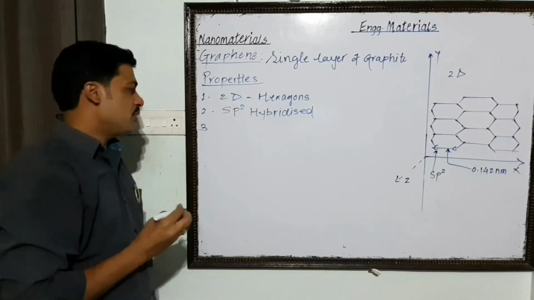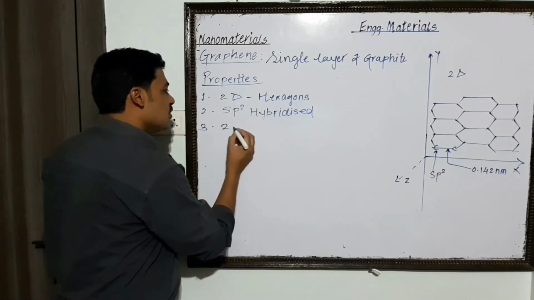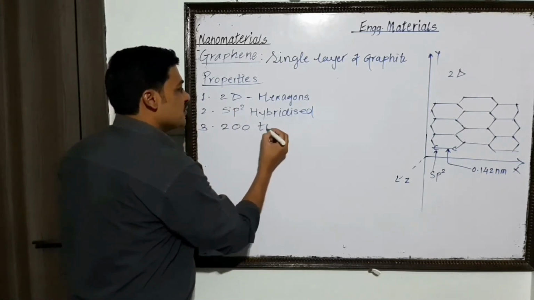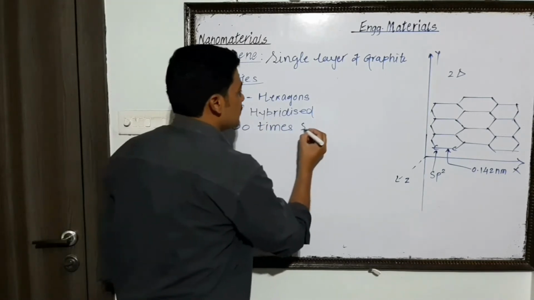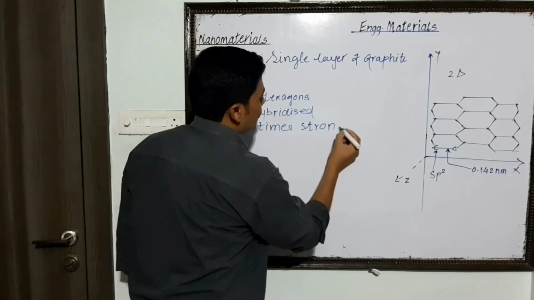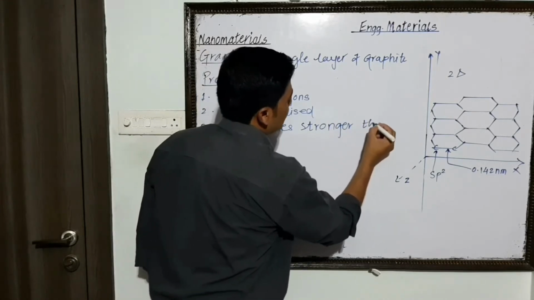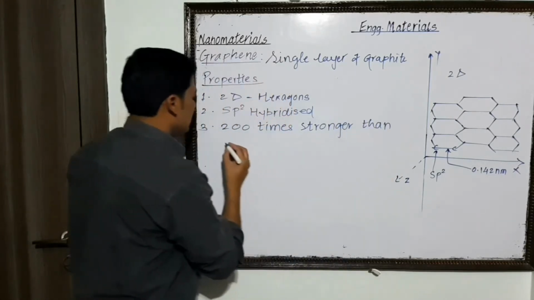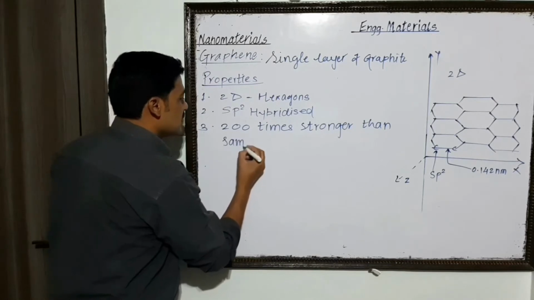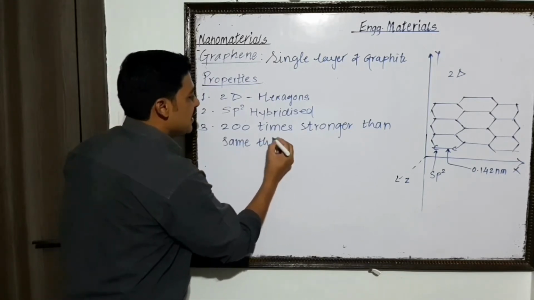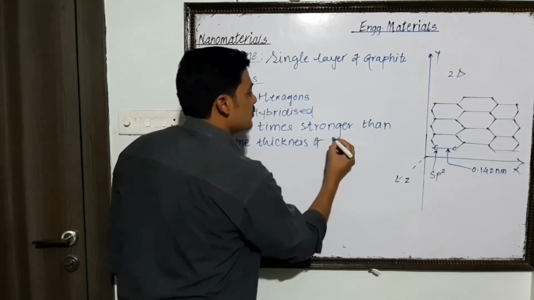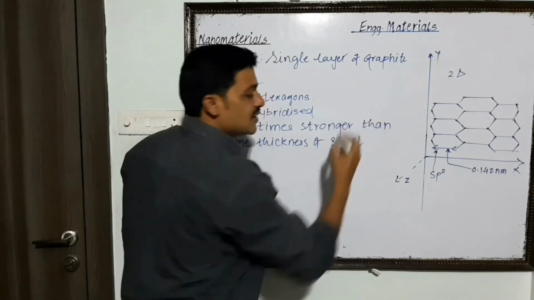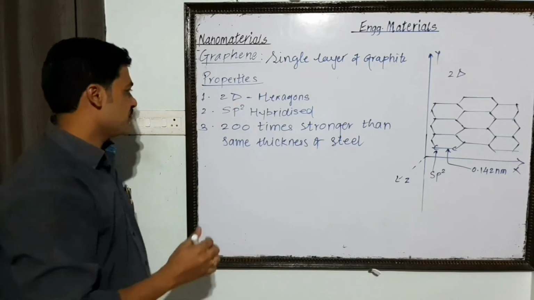Third important property: it is 200 times stronger than a same-thickness layer of steel.